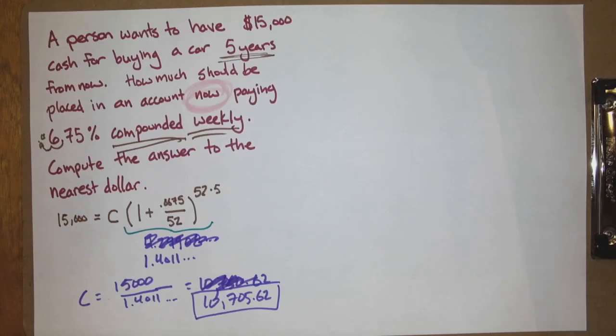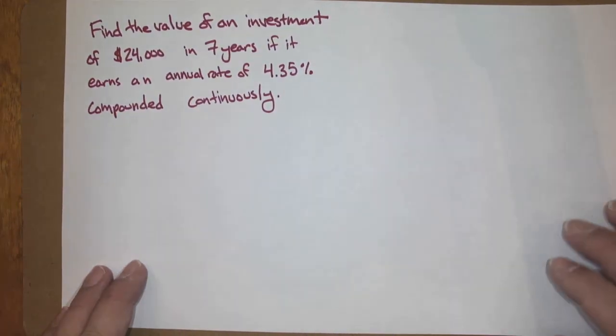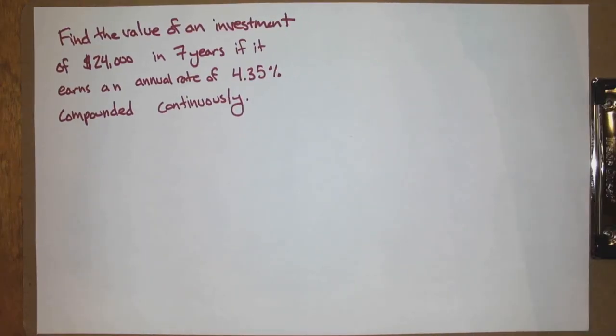For instance, if our answer had been $10, would that be a reasonable answer? If I invest $10 today, in 5 years I'll have $15,000. I mean, that would be nice. Doesn't work.